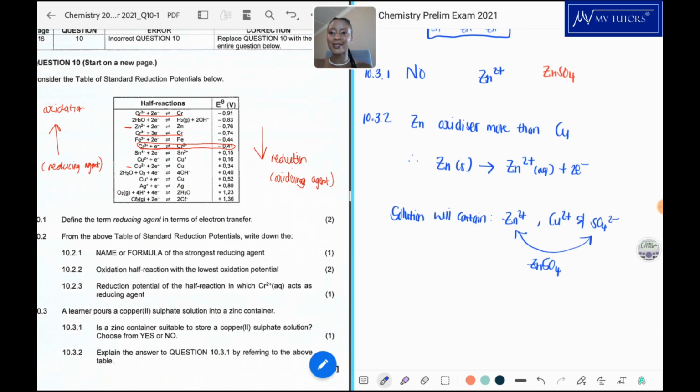It really all has to do with the fact that zinc oxidizes more than copper. Zinc is more willing to give away electrons than copper is. Copper is willing to take those electrons, but zinc wants to give away its electrons so that it ionizes to zinc 2 plus, and in that solution it will then form with the sulfate.